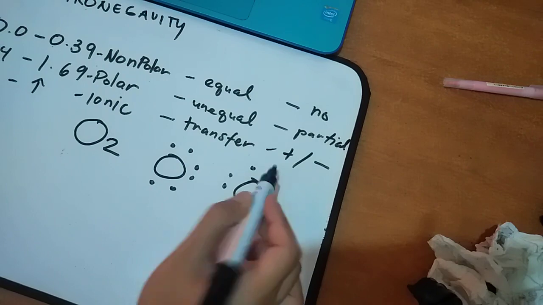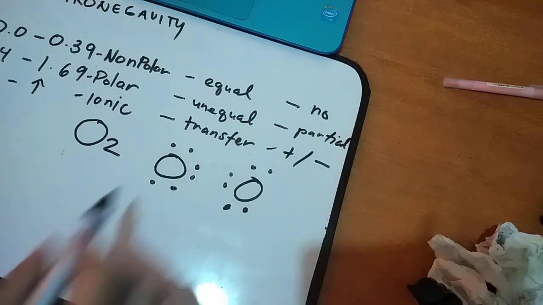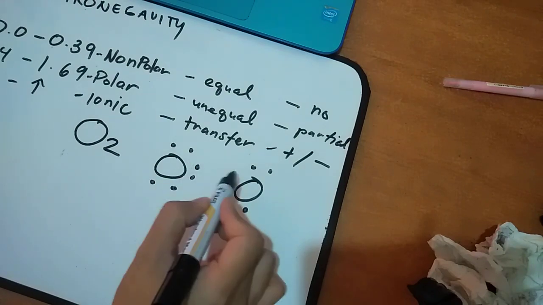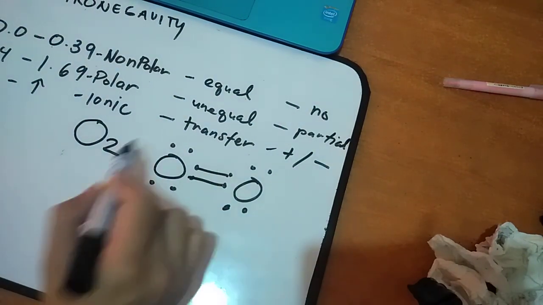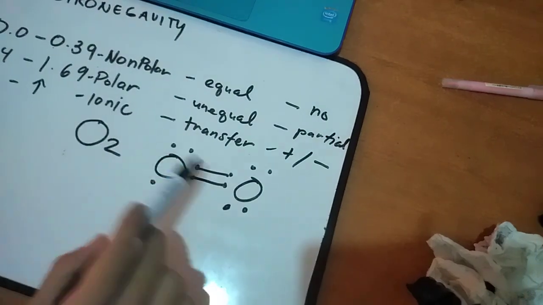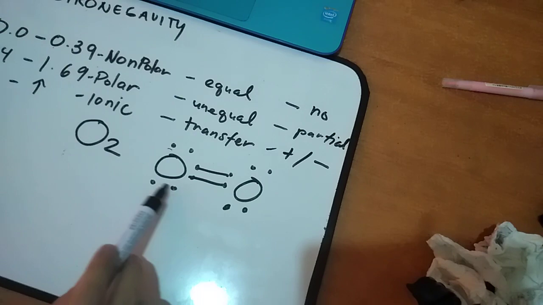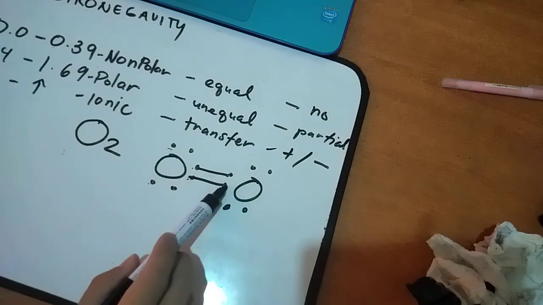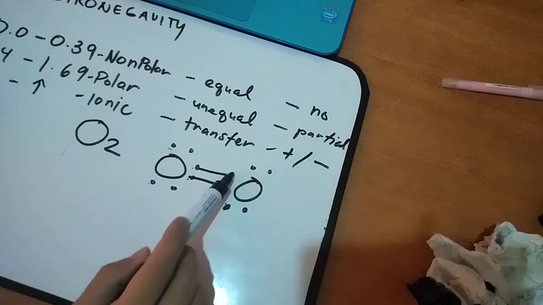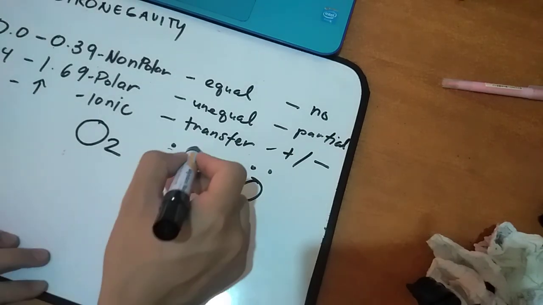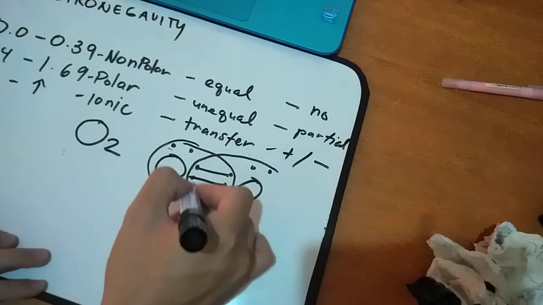Maintindihan natin. Okay. So, kung titignan mo, we follow the octet rule. They need to share electrons, so at least they have 8 electrons para maging stable. So 1, 2, 3, 4, 5, 6, 7, 8. Ganon din sa kabila. 1, 2, 3, 4, 5, 6, 7, 8. Ayan.